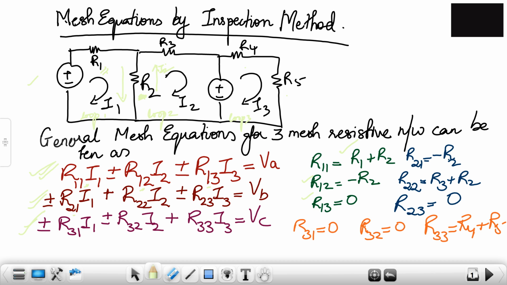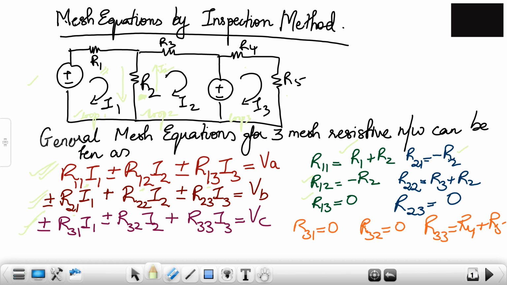The second row of the 3 mesh resistive network, R21. When I am talking about R21, it is again the resistance which is common between loop 2 and loop 1. Again it is R2. Since the direction of current I1 and I2 is in the opposite direction, R21 is equal to minus R2.